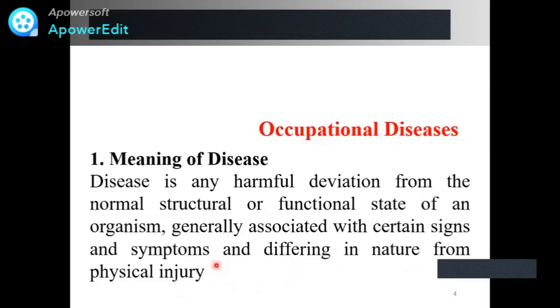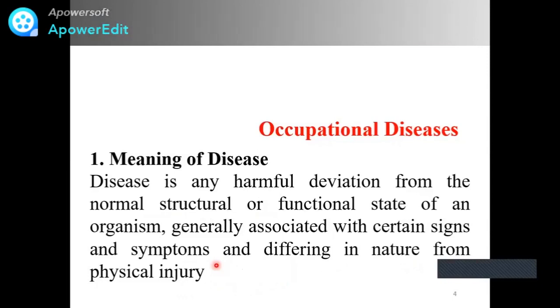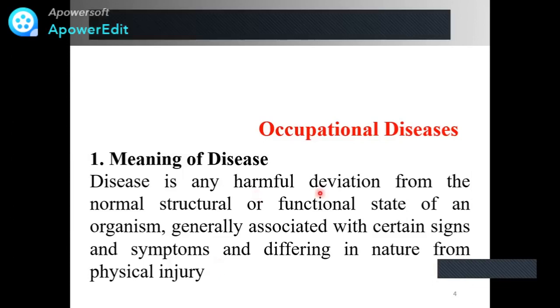Disease is any harmful deviation from the normal structure or functional state of an organism, generally associated with certain signs and symptoms and differing in nature from physical injury. It is a harmful deviation from the normal structure or function of a human.